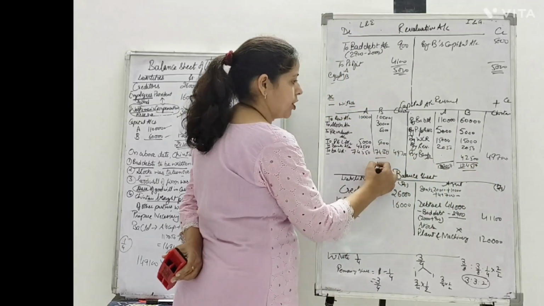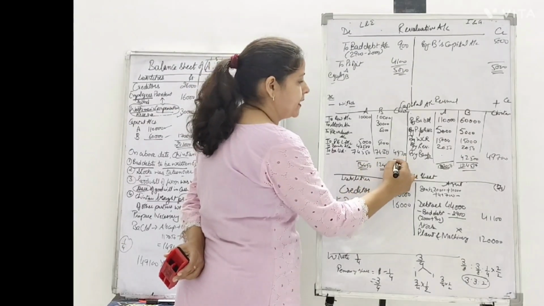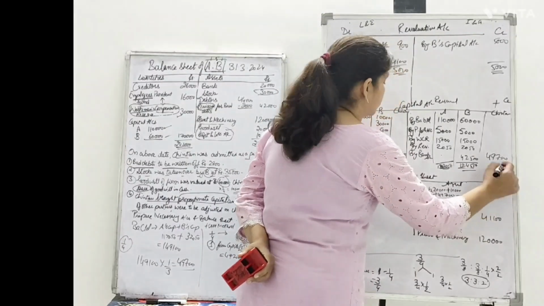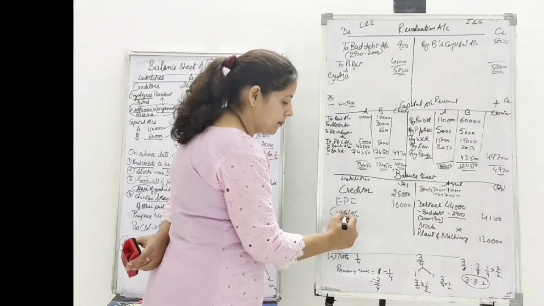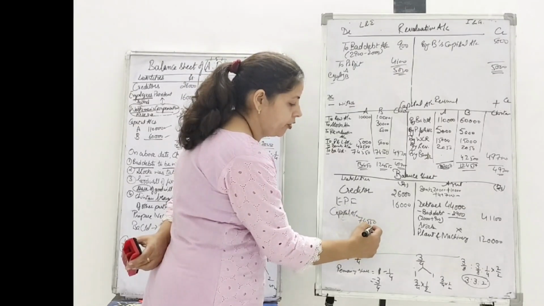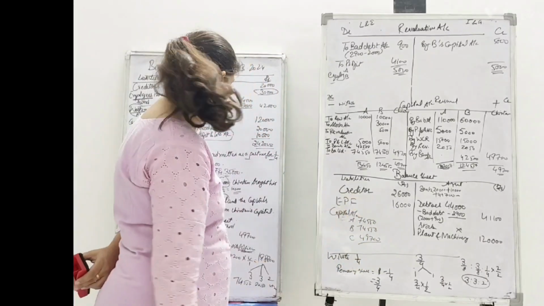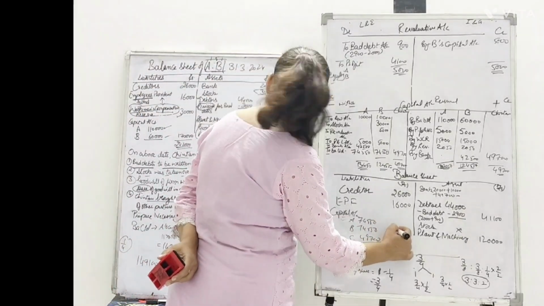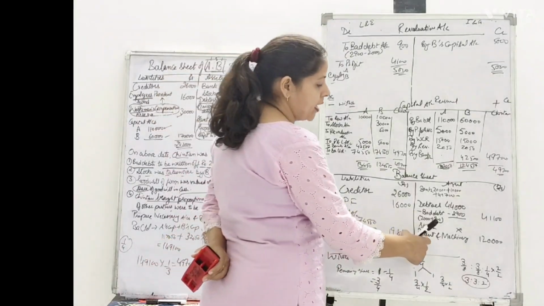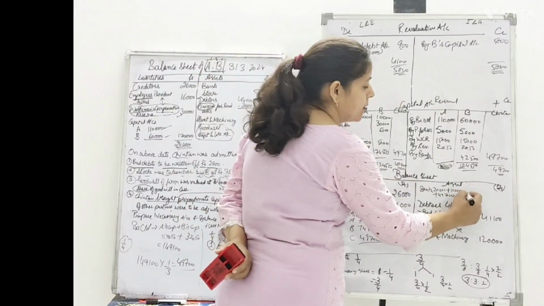What has happened here is, because their capitals are changed as per the proportionate method with readjustment, the old partners' capital balances are now 74,550 each for A and B, and for C it is 49,700, and the total firm's capital would be 1,98,800, right?